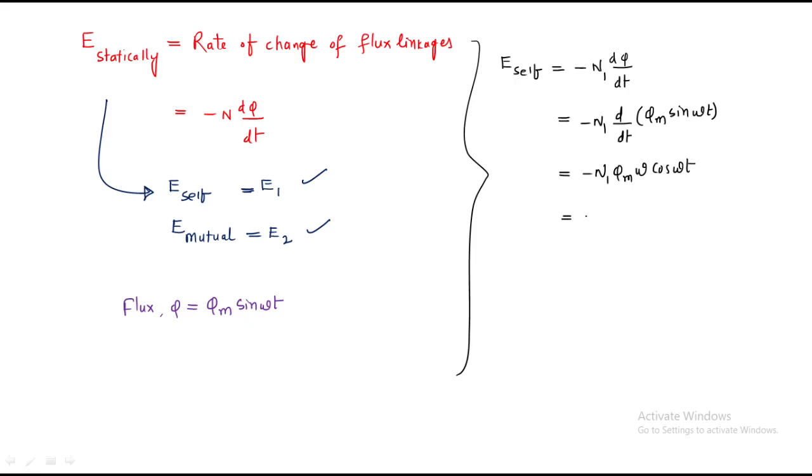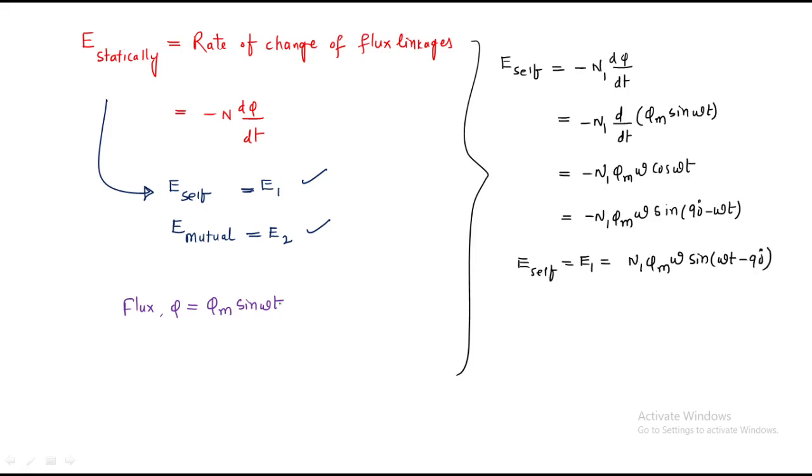So in order to get sine terms, the cos should be written as sin of (90 minus omega t). So E self, which is equal to E1, which is equal to, in order to eliminate this negative sign, let us write N1 phi m omega sin (omega t minus 90).